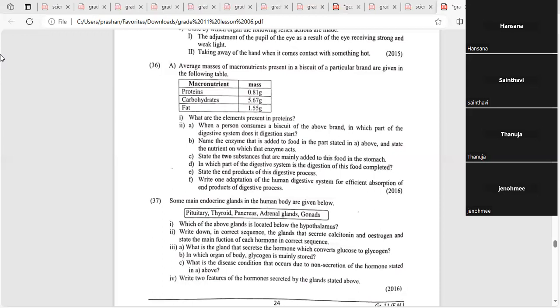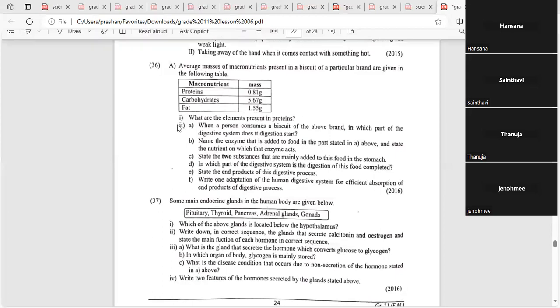Teacher, sometimes sulfur. Yes, sometimes sulfur, but sulfur is not contained in all types of protein. These are the major elements: carbon, hydrogen, oxygen, and nitrogen. Therefore, you will get marks if you write these elements.